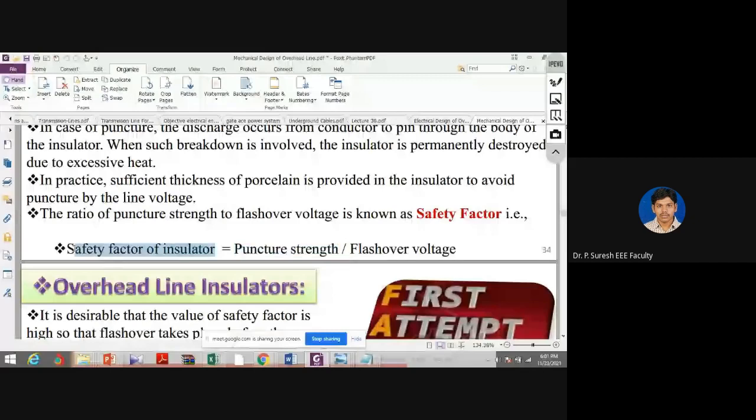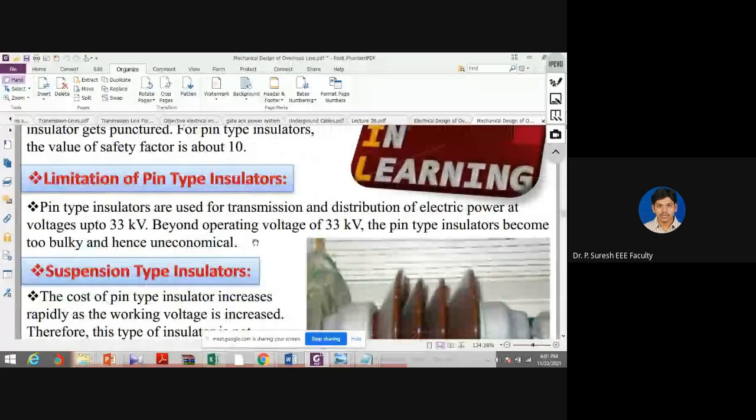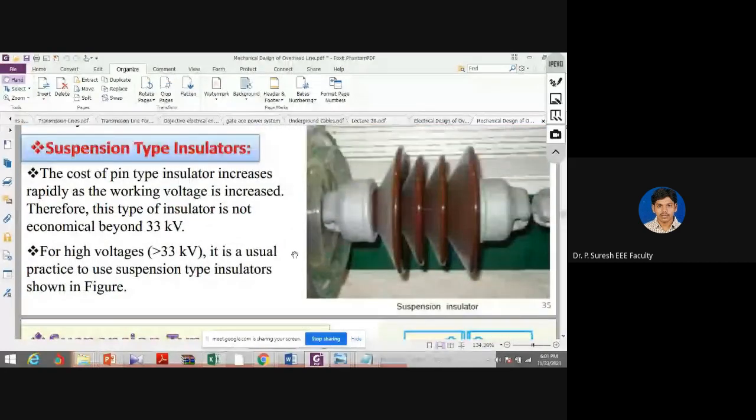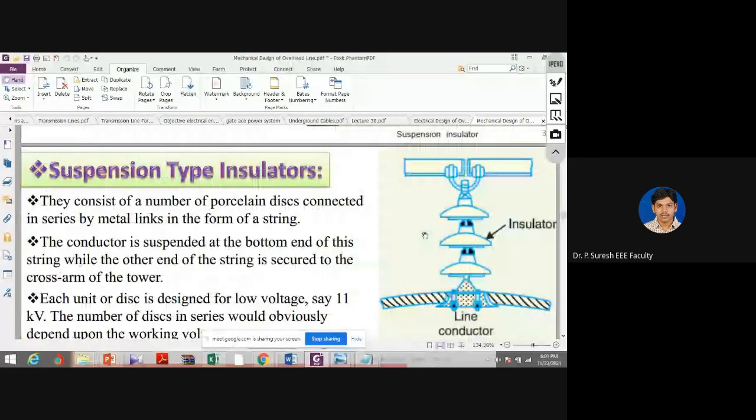Next one is the suspension type. This is also called the string type insulator. What does suspension mean? A number of discs connected in series is what we call a suspension type or string type insulator. What is the range?